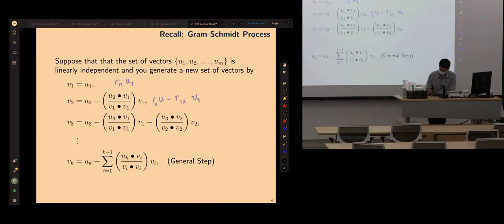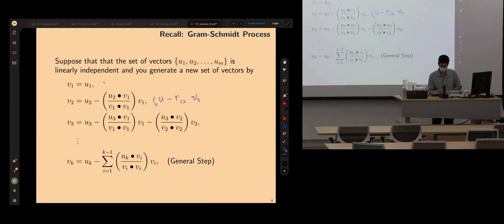Okay, so now I'm a little confused because I can't remember the other slide's notation, but let's say I want my first vector to be the first column of Q, right?